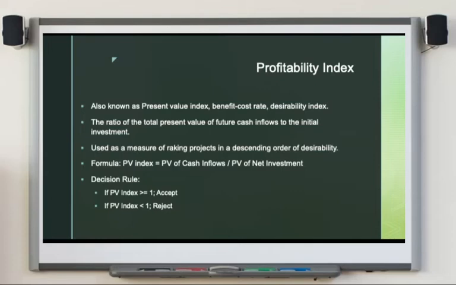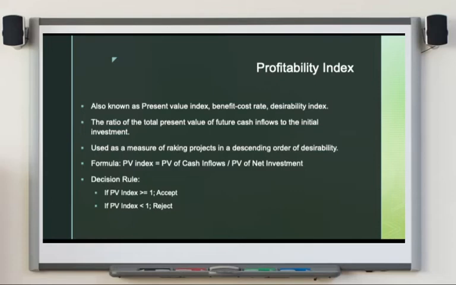The formula is to divide present value of cash inflow over present value of net investment. To simply remember the formula for profitability index, it is almost the same with net present value. However, in net present value, you deduct present value of net investment. But for profitability index, you divide present value of cash inflows by the present value of net investment.